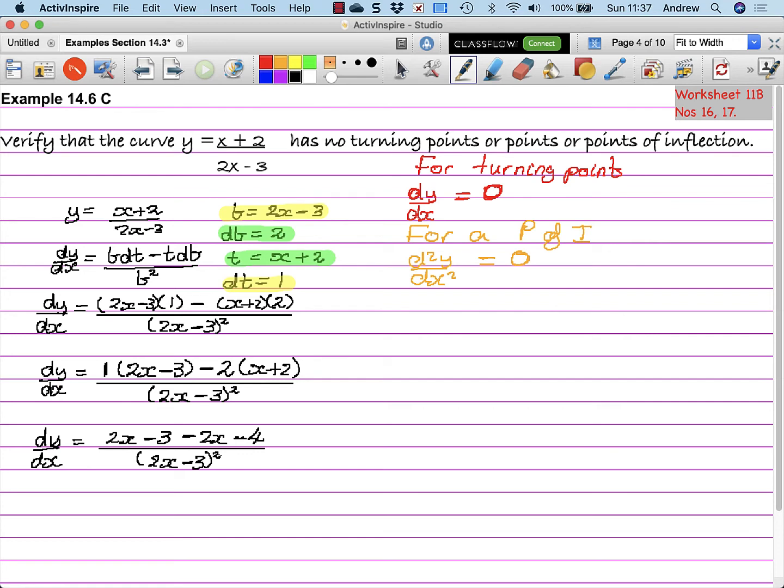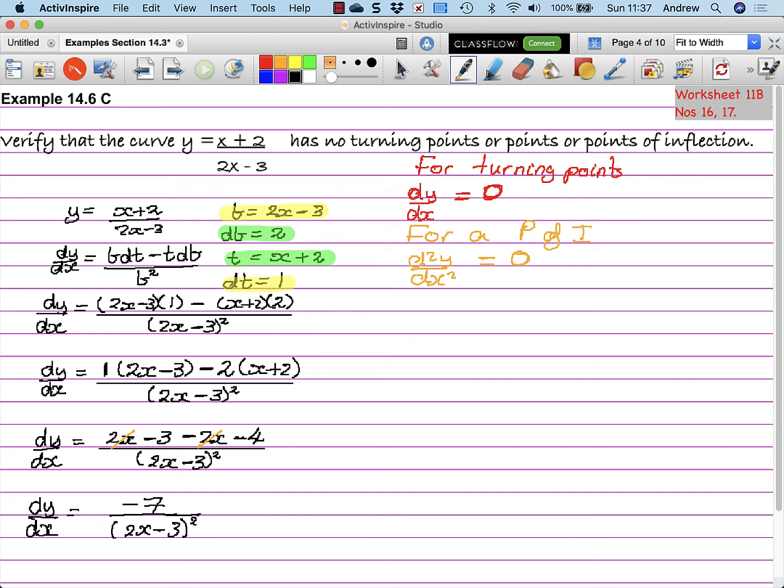You should spot at this stage that we've got a plus 2x and a minus 2x, which therefore cancel. So dy dx now becomes minus 7 over 2x minus 3 all to be squared.